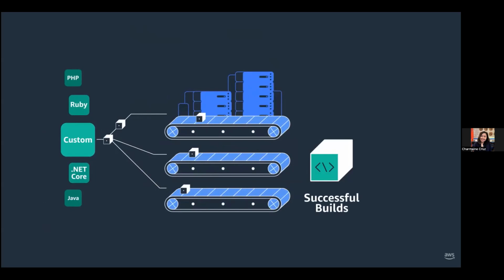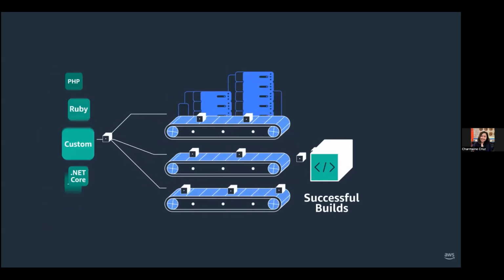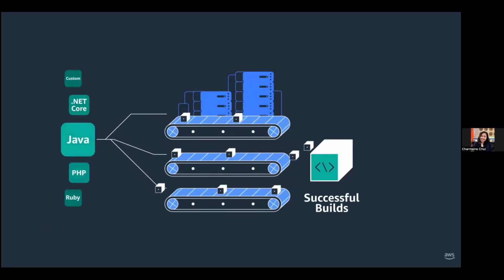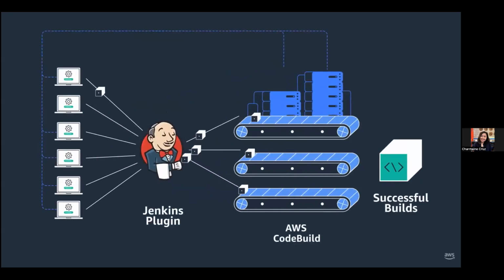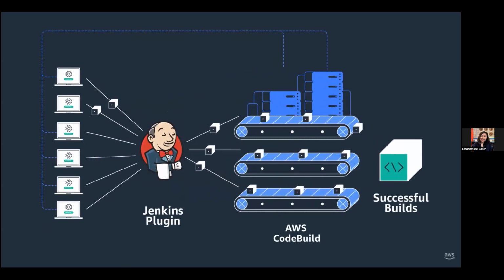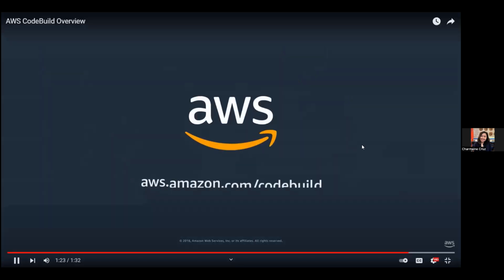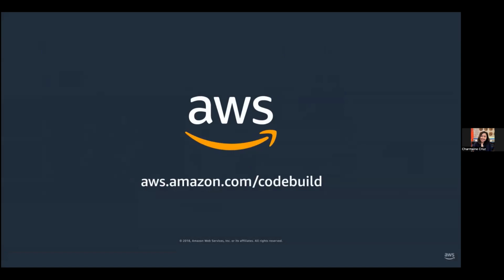Code Build is easy to set up. You can bring your own build environment or use one of the pre-configured environments. Code Build works with your existing tools too. For example, the Jenkins plugin makes it easy to keep your Jenkins server and use Code Build as your worker nodes. Get started today at aws.amazon.com/codebuild.